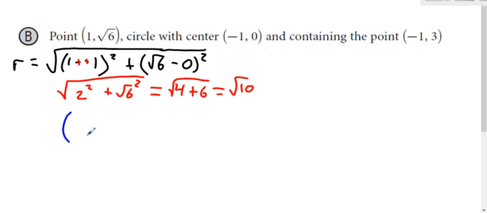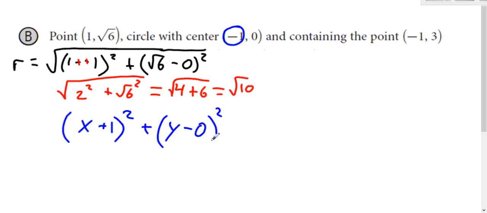So our circle has an equation, x minus the center, x minus -1, squared, plus y minus the center, 0, squared, equals r squared. This is r, so square root of 10, you can just get 10. That's our circle. It has a center of -1, 0, and a radius square root of 10.